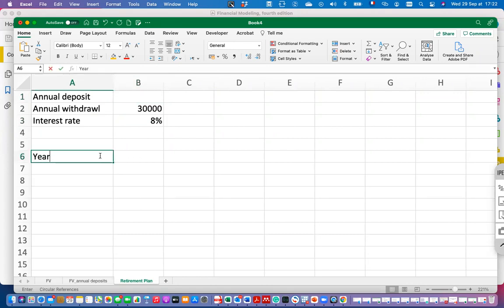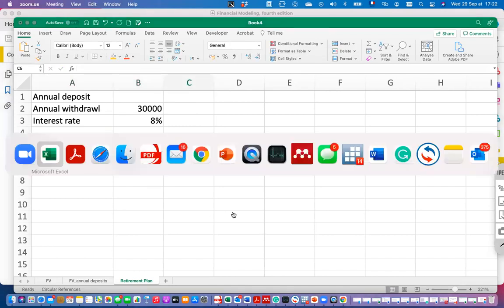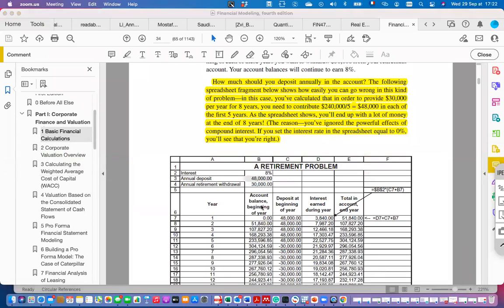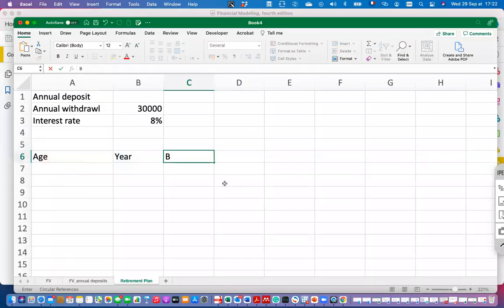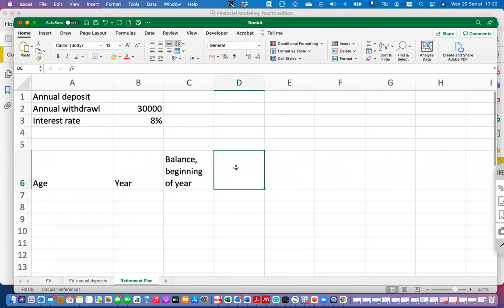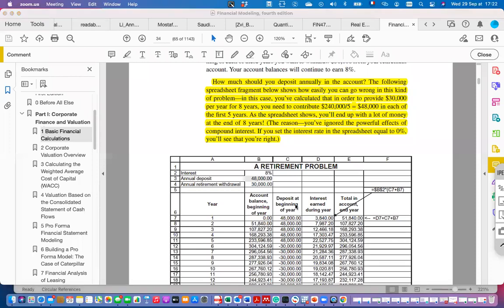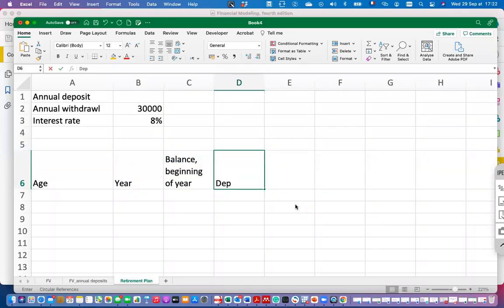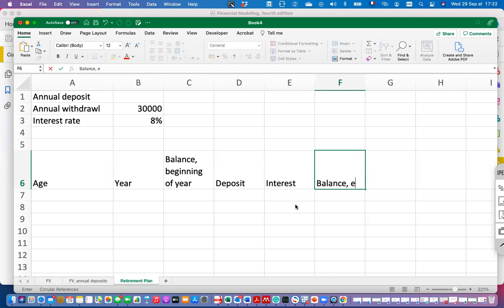So I have year here. So at age, then year, then balance at the beginning of year, then deposit, then interest, and finally balance at the end of year.